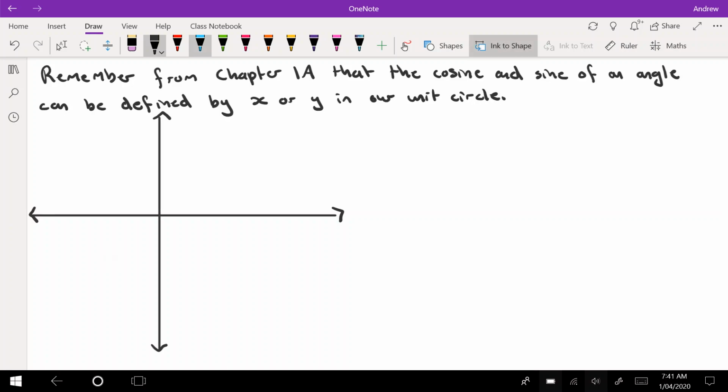And then I want to draw a circle. Okay, let's just imagine it's centered at this origin.